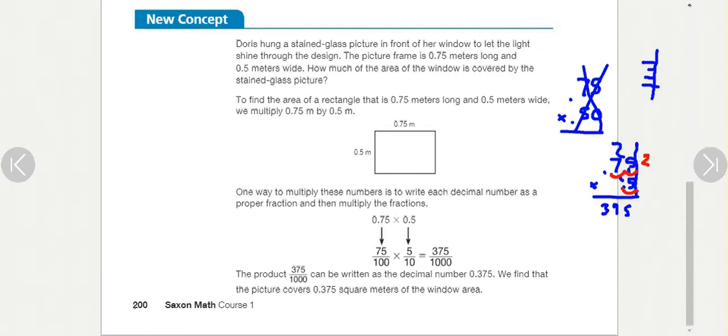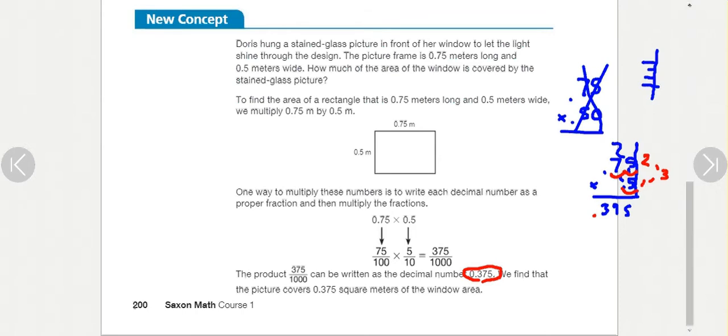There were 2 here, 1 here, add them together, 3 total decimal places. So from here we go 1, 2, 3. So the answer, 375 thousandths, or 0.375 square meters.